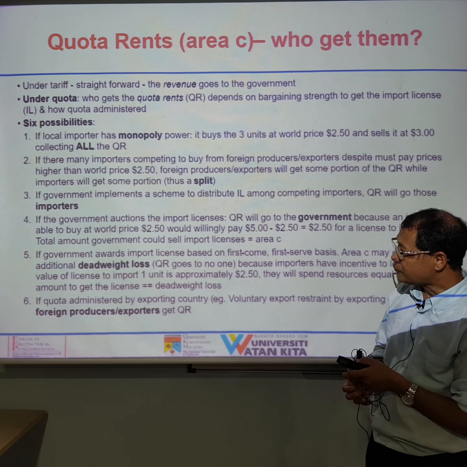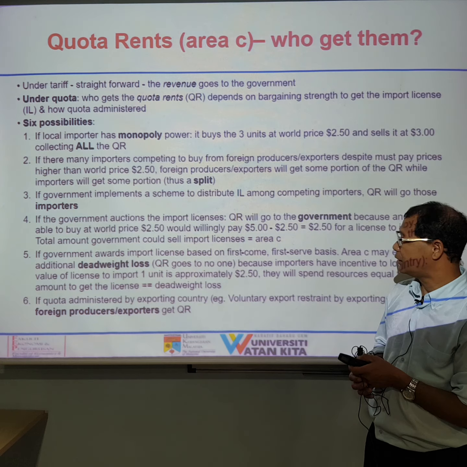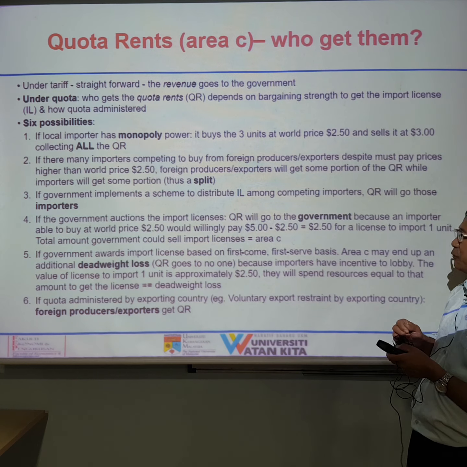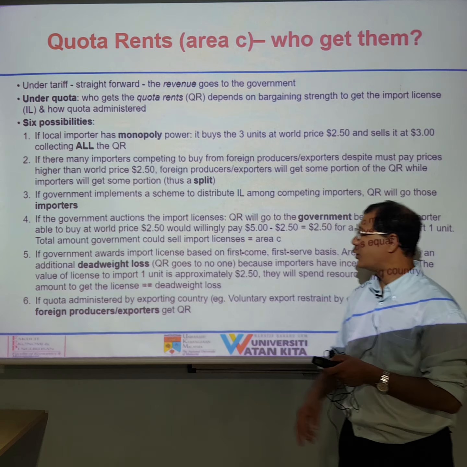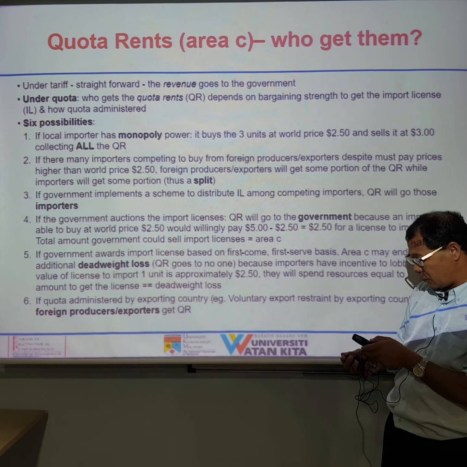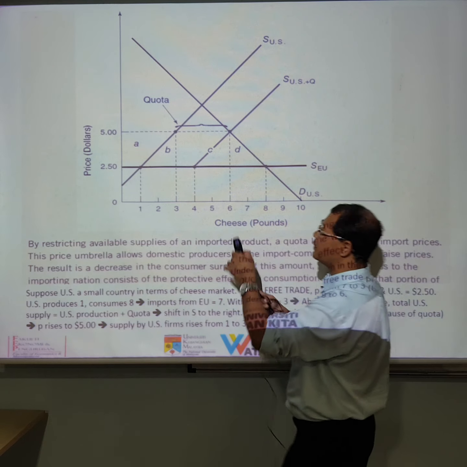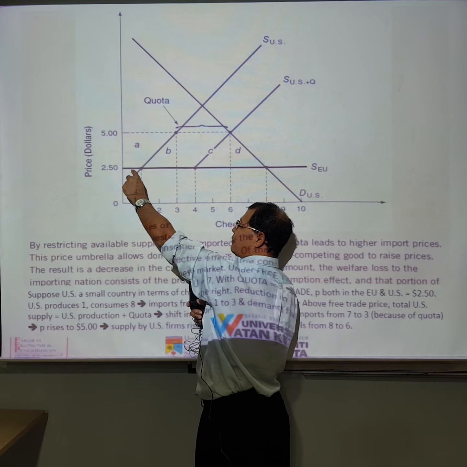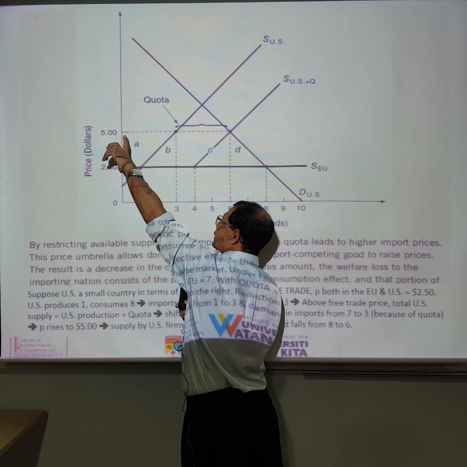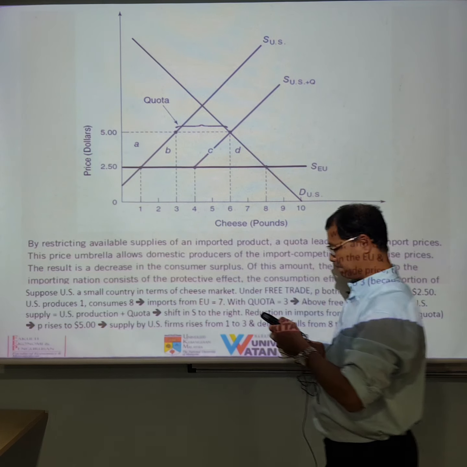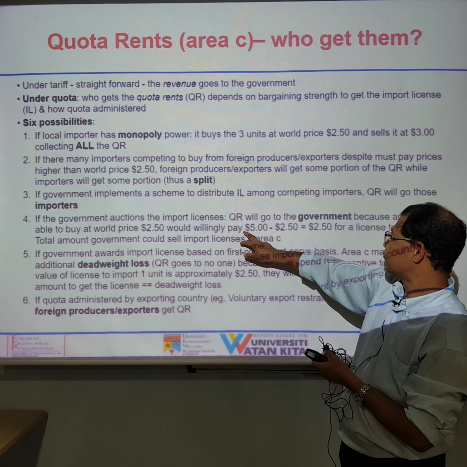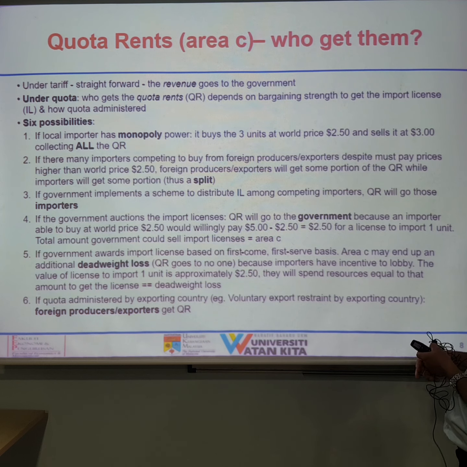Number 4, if the government auctions the import license, the quota rent will go to the government, because an importer able to buy at the world price would willingly pay $5 minus $2.50, that is $2.50, for a license to import 1 unit.